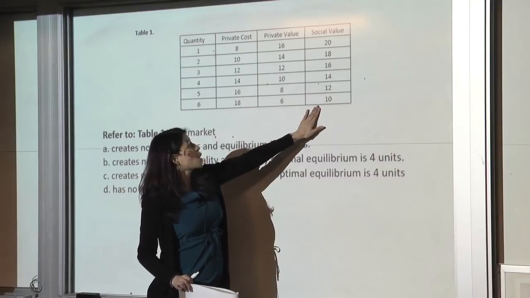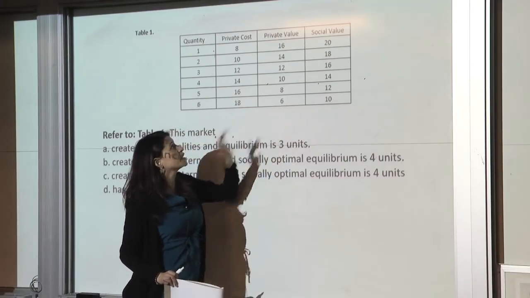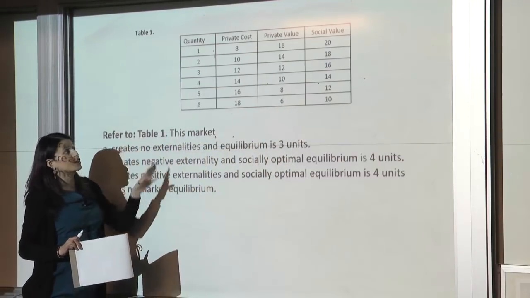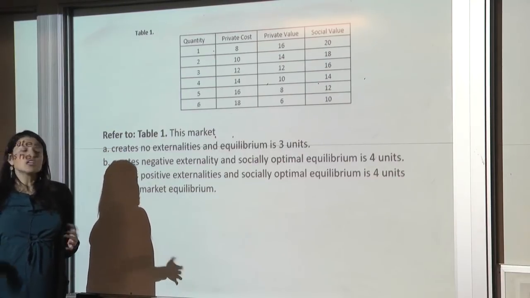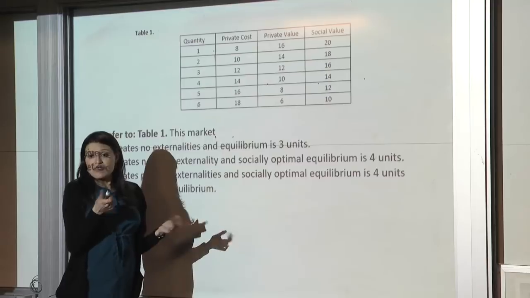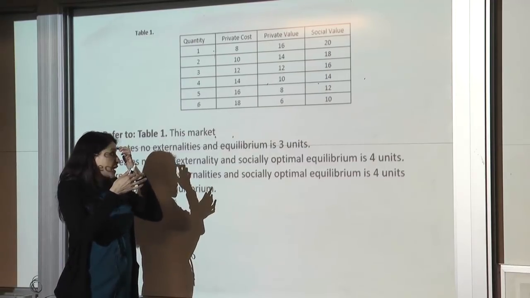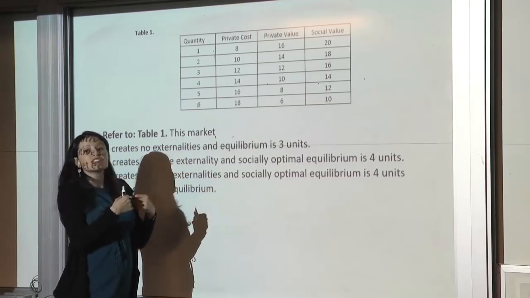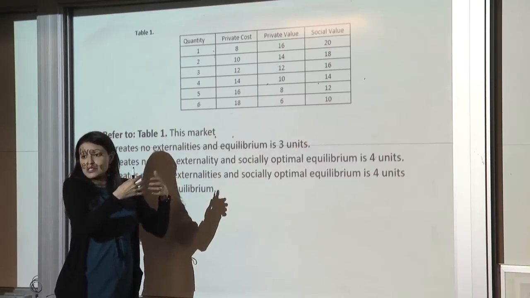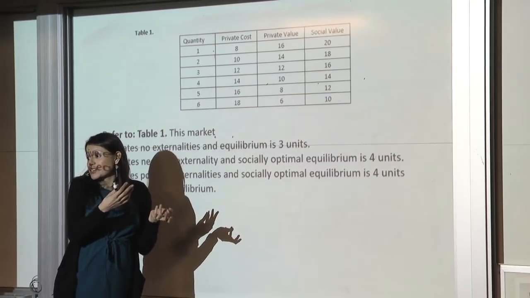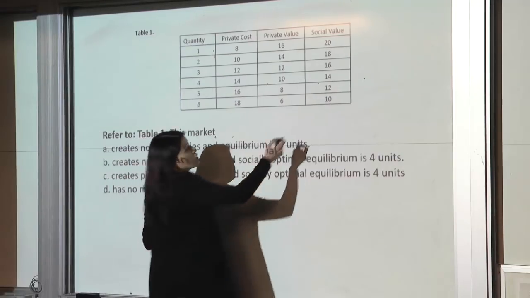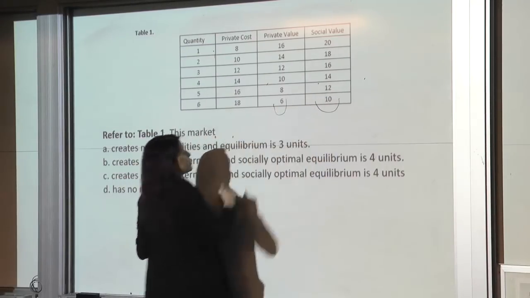We can see that social value is higher than private value for all the quantities, right? That means that there is a positive externality. Somehow in this market, the production and the consumption of these goods generates a higher social value, right? That is a positive externality, okay? Because the social value here is higher than the private value here.